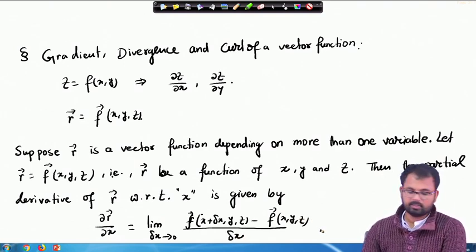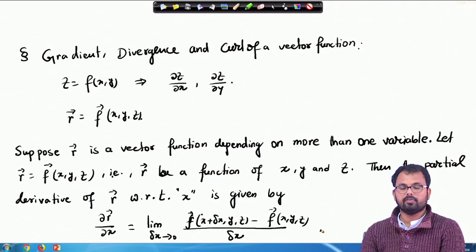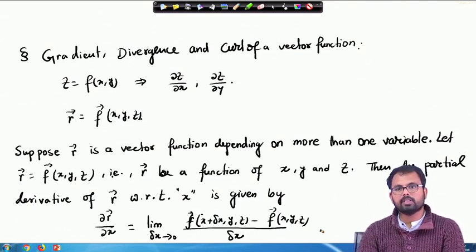This is how we define the partial derivative of r, which is a vector function of three scalar variables x, y, z.